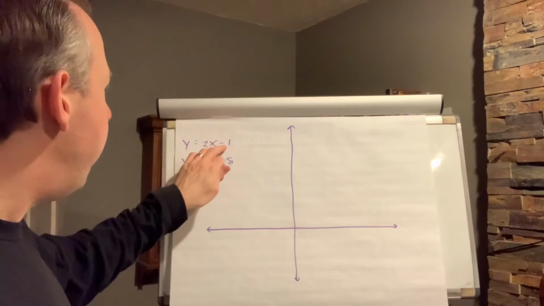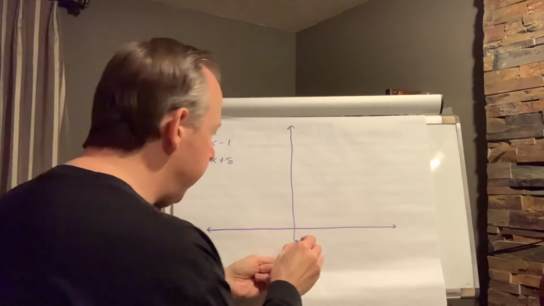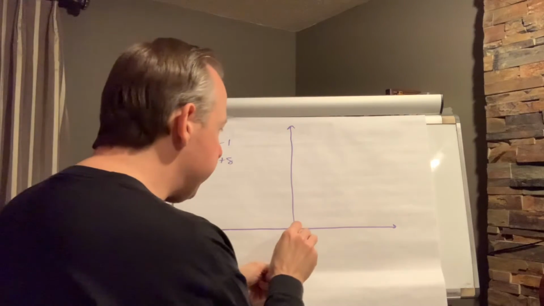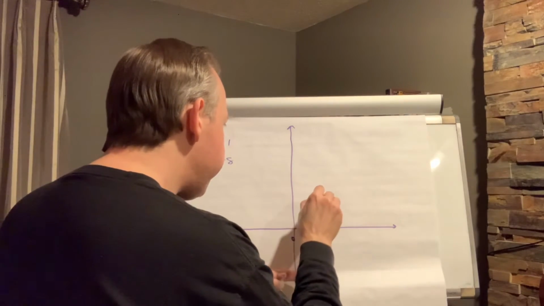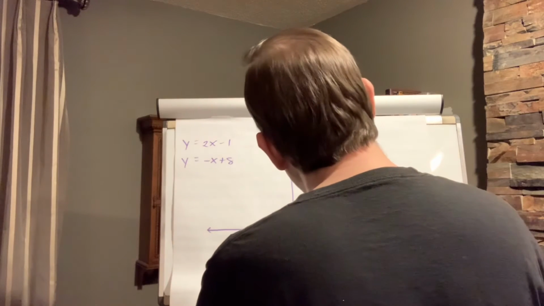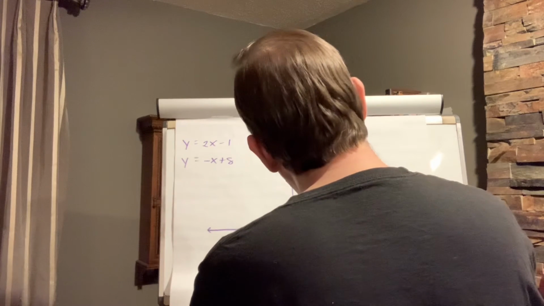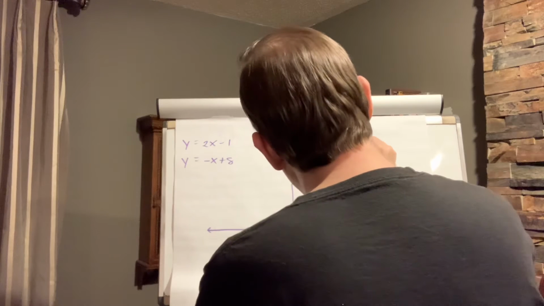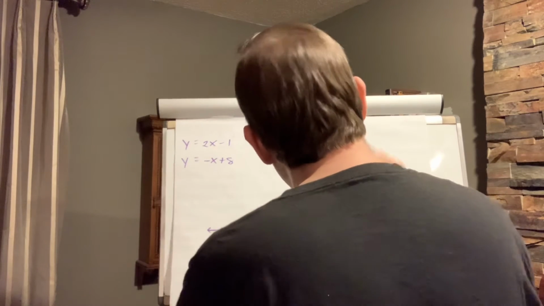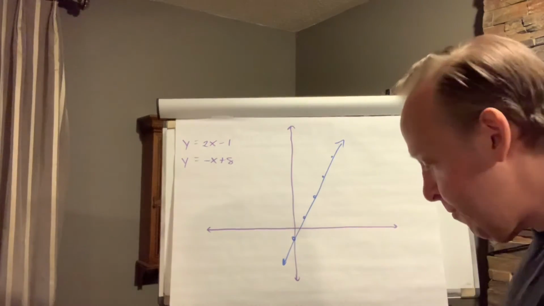The first one has a y-intercept at negative 1, and it has a slope of positive 2, so it goes up 2 over 1. And I'm going to just try to connect that as best I can. Okay. Give myself enough points so that a shaky hand could still graph somewhat straight.